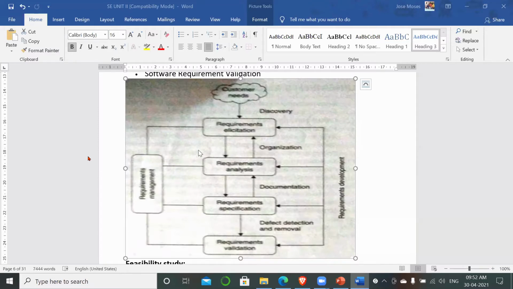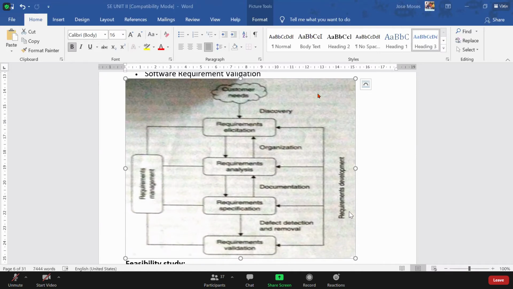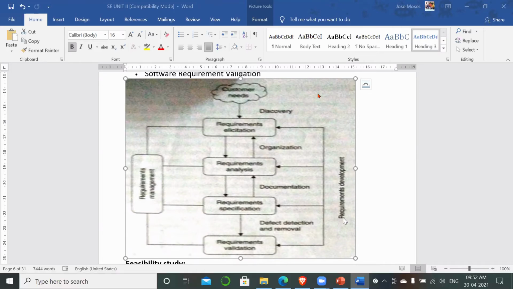In turn, these 4 blocks are part of requirements management, the requirements engineering process, or else requirements development. This is the label of your diagram, requirements development. You are managing the requirements based on these 4 subtopics: elicitation, analysis, specification and validation.